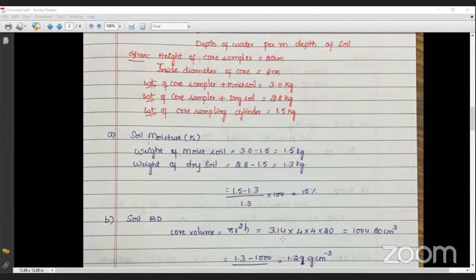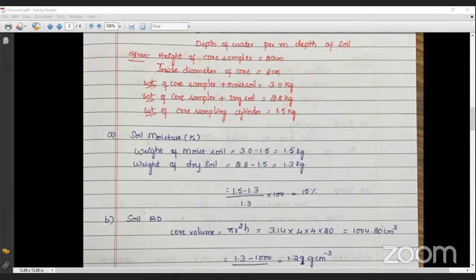That is 3.14 into 4 into 4 into 20, which will give 1004.80. Here in general, what they will give as the answer is not exactly 1004; they will give 1000, 1500, 2000, 2500. If you already have the idea from having solved this problem, then definitely without calculating you can mark this question as 1000 only.